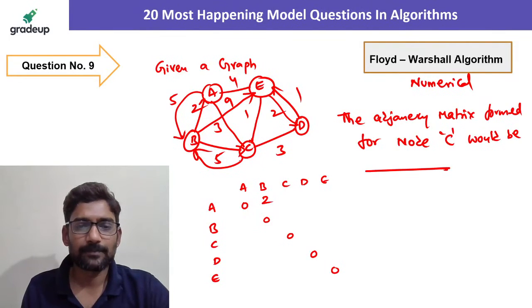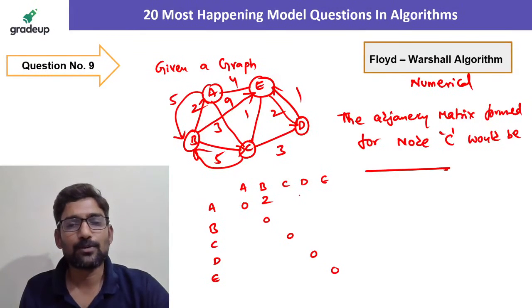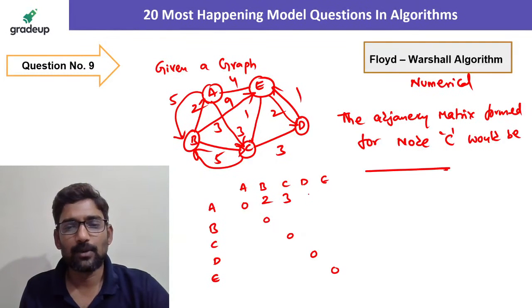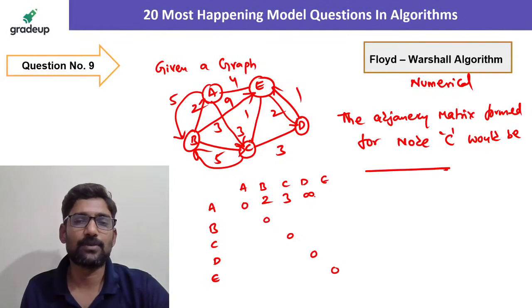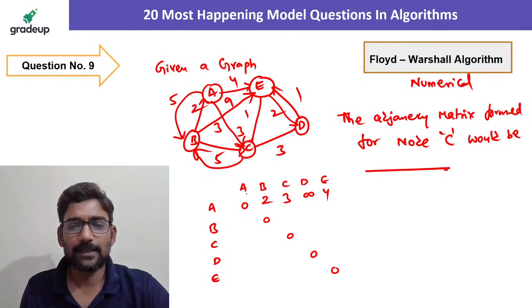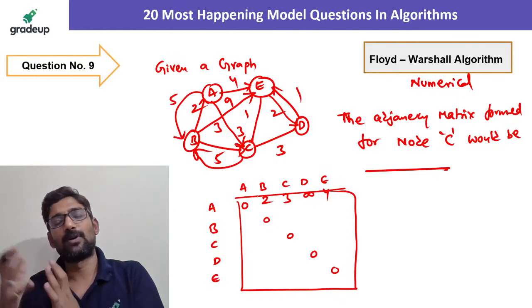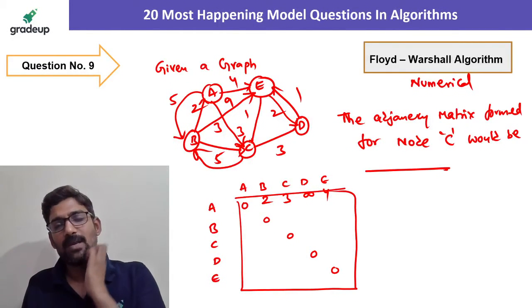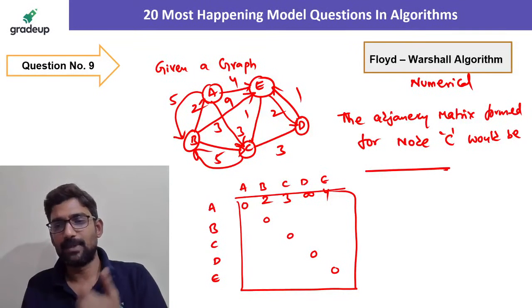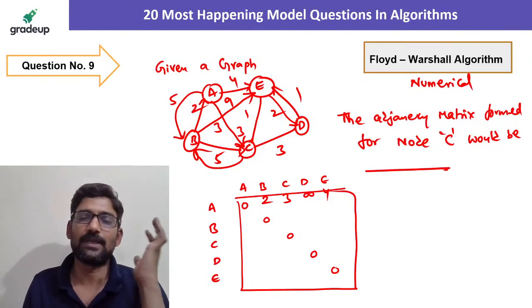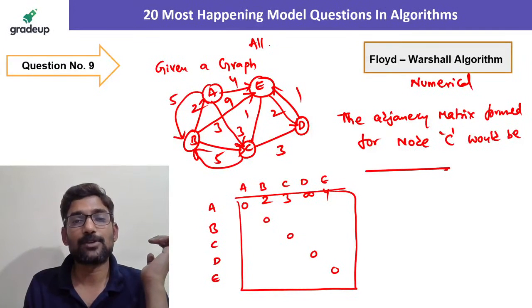Something like this. So A to B, A to C, let's say 3. A to D, I don't have any channel initially, so it is infinity. A to E, it is 4. Like this, first we will fill the initial adjacency matrix and then we keep on constructing A matrix, B matrix, C matrix, D matrix, E matrix. Finally, in the E matrix, you will get all pair shortest path.